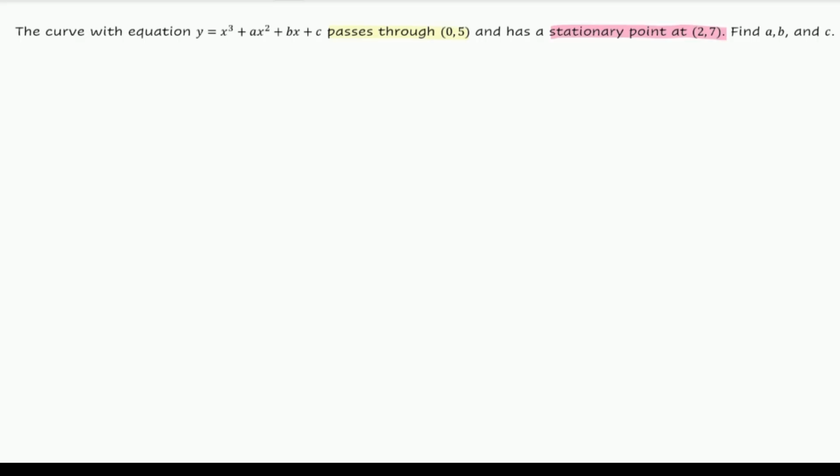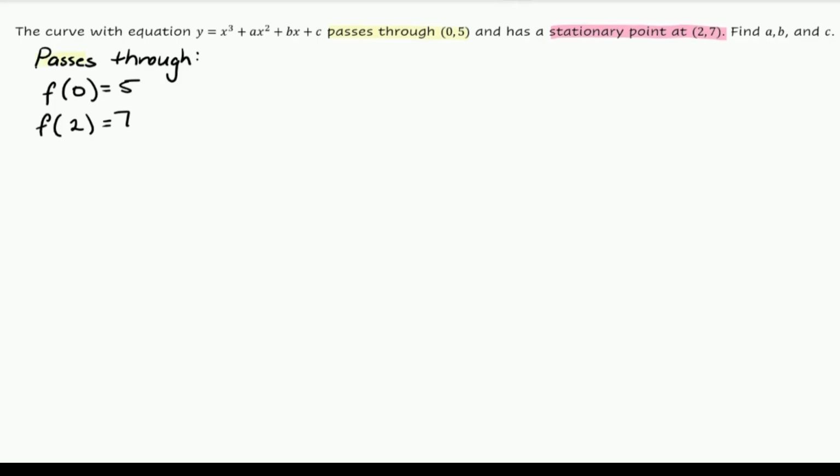So I know that when our equation is equal to 0, it's at 5. And I know that when x is equal to 2, my function is equal to 7.